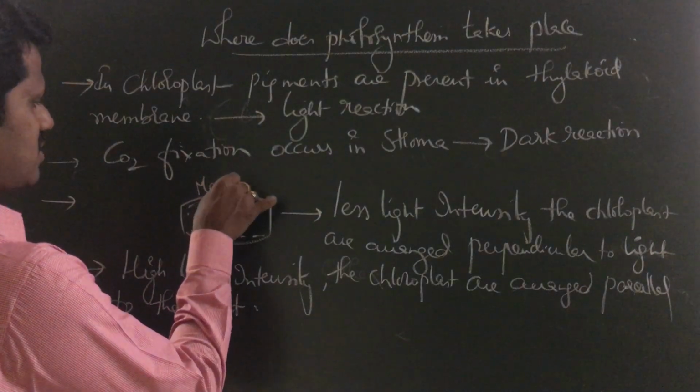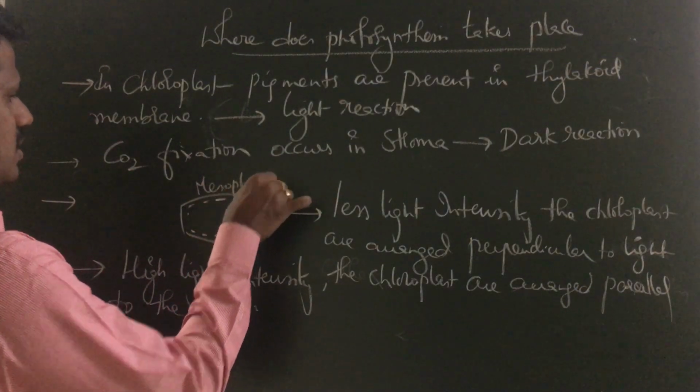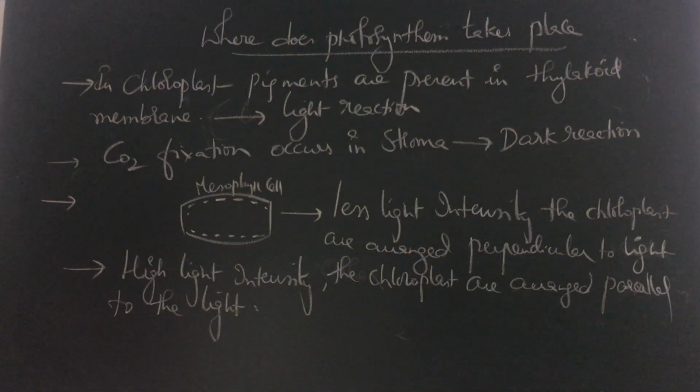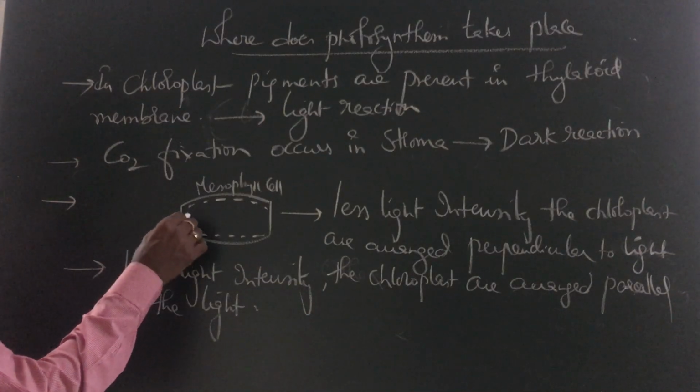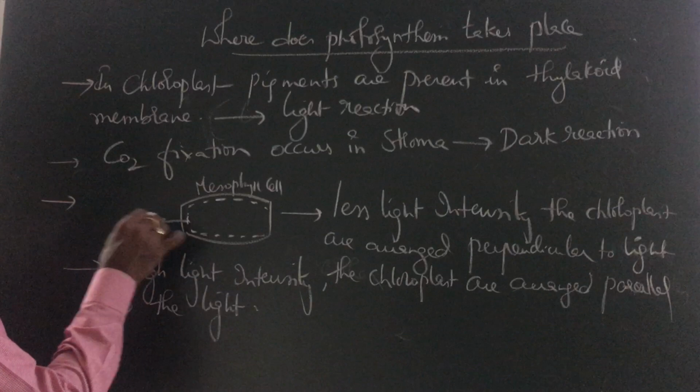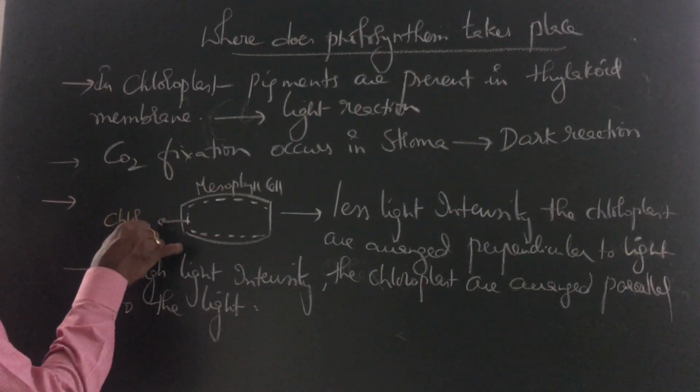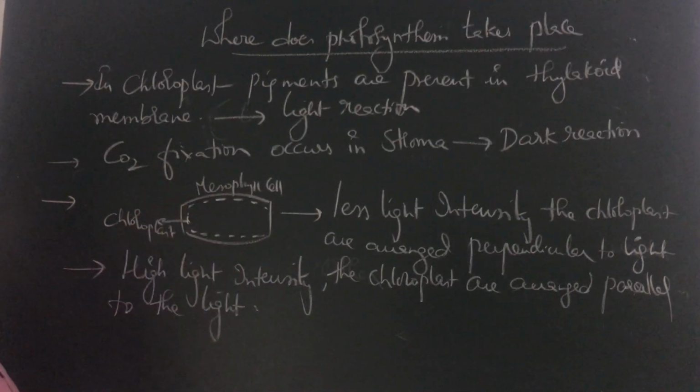In the mesophyll cells, you know that a number of chloroplasts are arranged along the walls of the mesophyll cells. To get the optimum amount of light, they are always arranged along the walls.